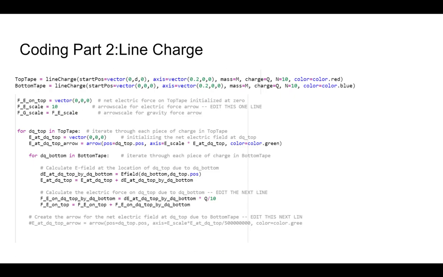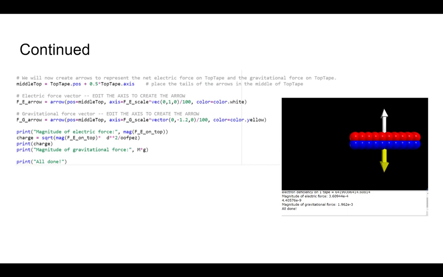Then we did our coding, treating the tape as a line charge, and we ended up getting that the charge of the tape was 4.40576 times 10 to the negative 9.